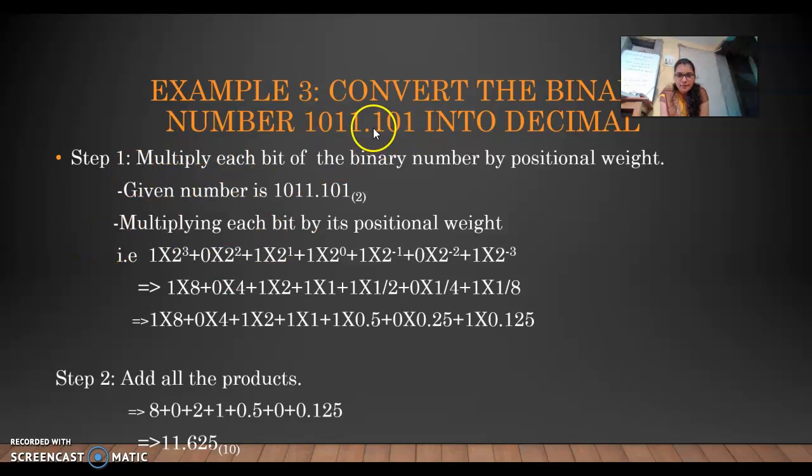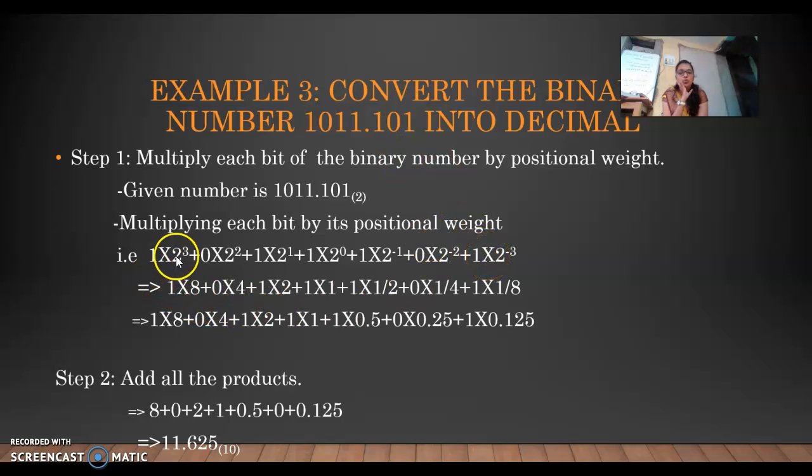Let us see which is our LSB. 1 is our LSB, so we start from here. 1 into 2 to the power 0 plus 1 into 2 to the power 1 plus 0 into 2 to the power 2 plus 1 into 2 to the power 3. And coming to the fractional part, you should use negative powers: 1 into 2 to the power minus 1, 0 into 2 to the power minus 2 plus 1 into 2 to the power minus 3.